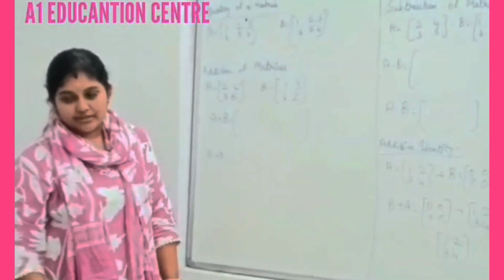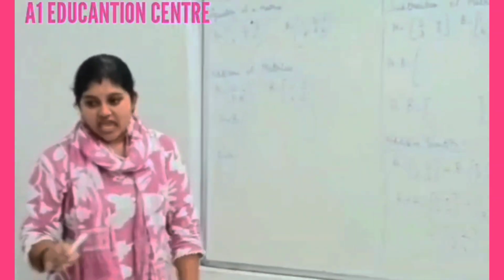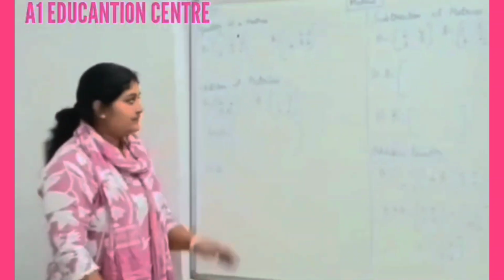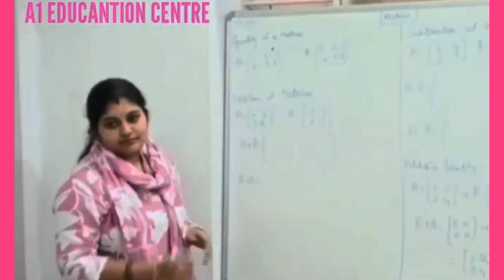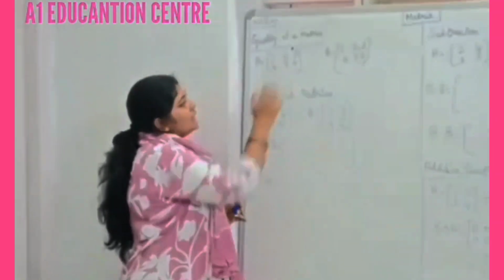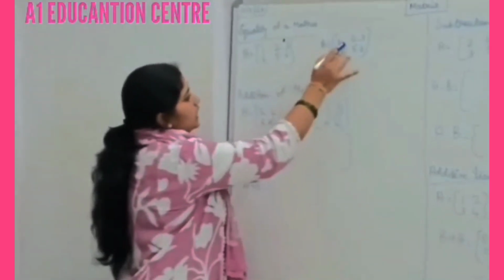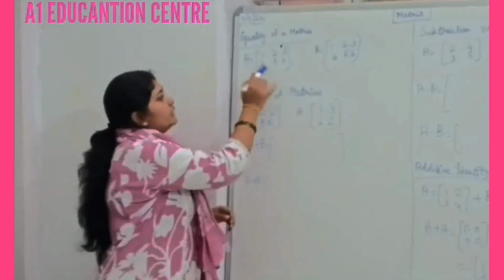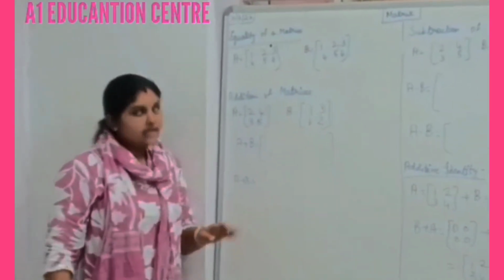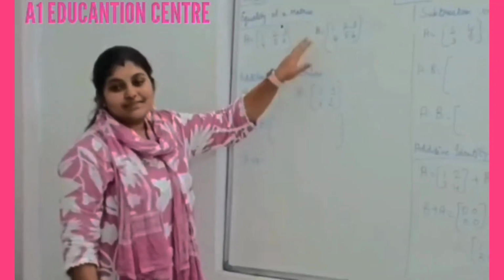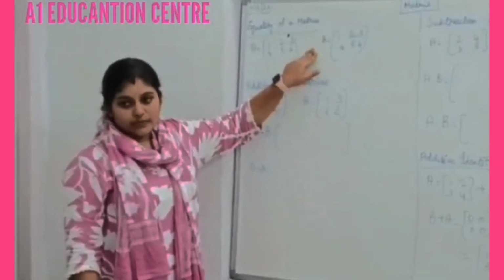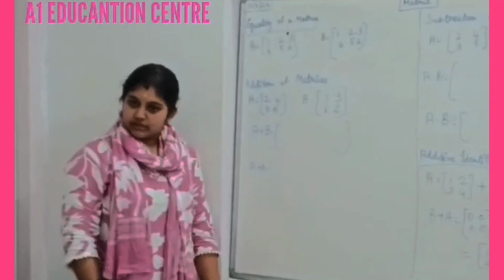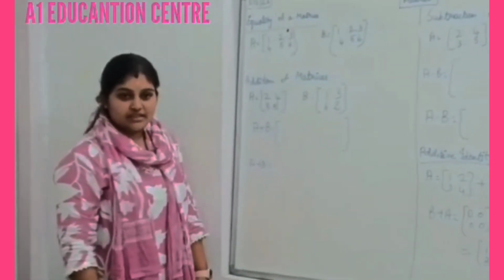So you both are equal with the education system. So A and B: 1, 2, 3 are given, here also 1, 2, 3, and 4, 5, 6, 4, 5, 6. If both are given like this, then it is equality of matrices. Okay? Understood, children?